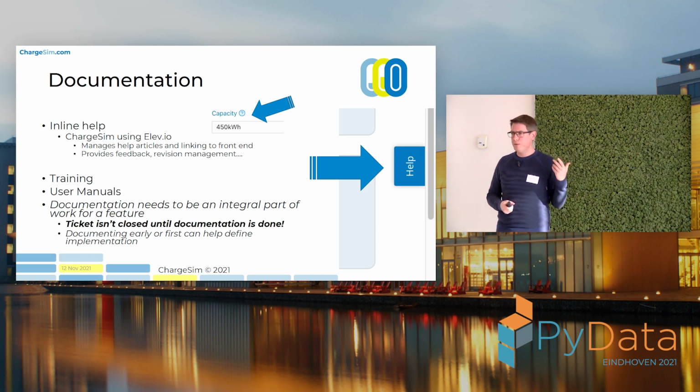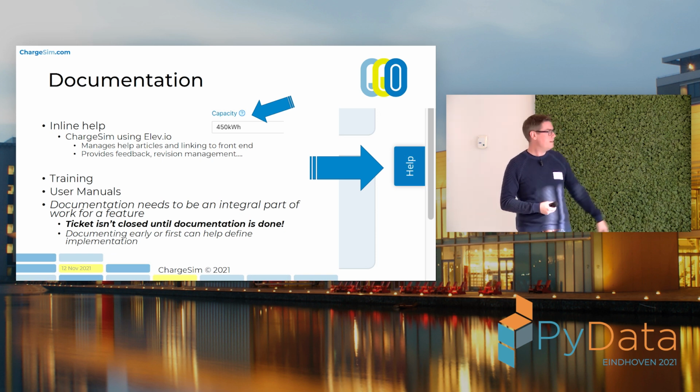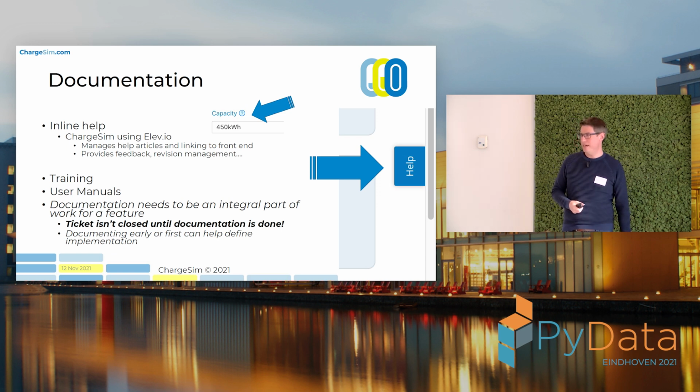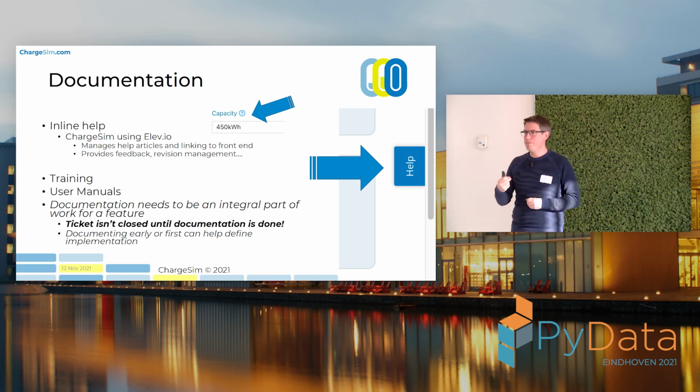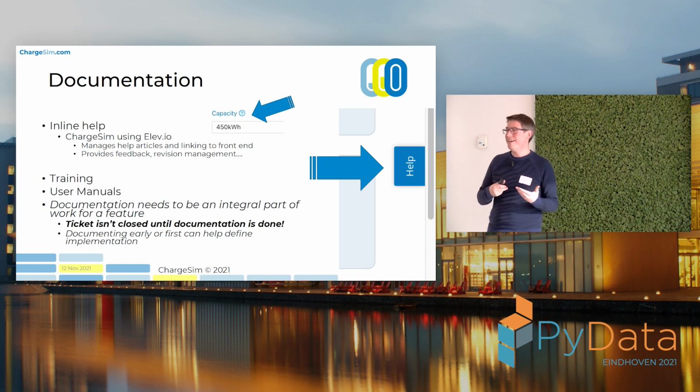And a big rule that I have found helps with this is the ticket isn't closed until the documentation is done. So don't allow yourself to move on onto other projects until it is really usable by a user, including all of the information needed for it. And also starting the documentation can be a way to help refine and think through the requirements for the function you're implementing. Next.